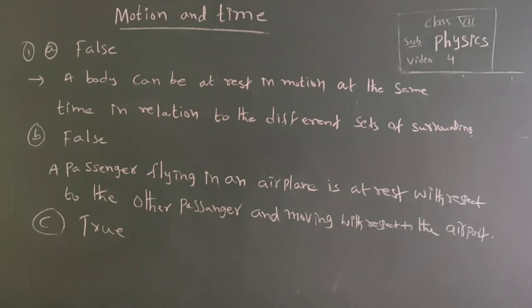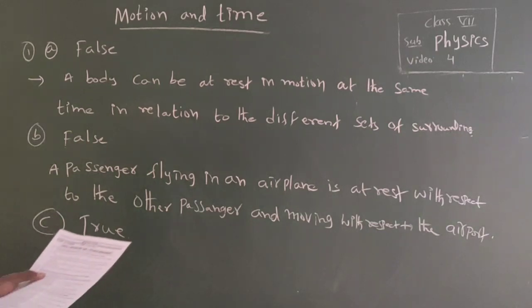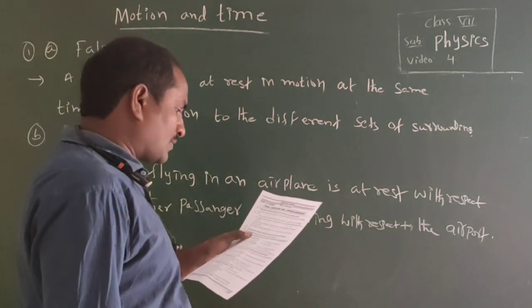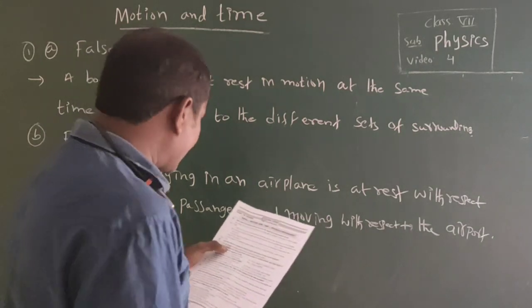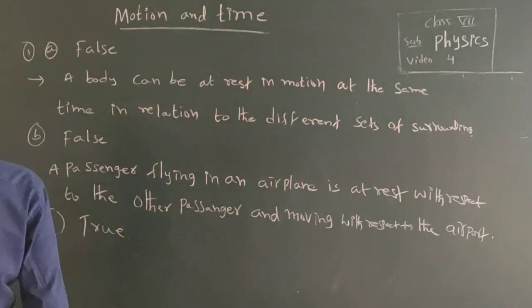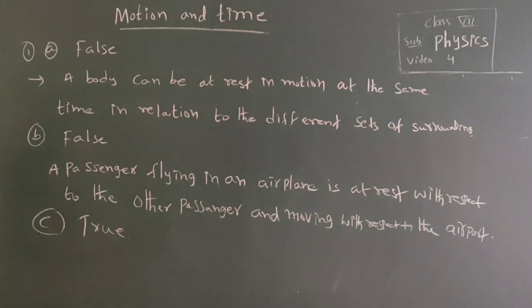Next, second one. John tied a stone to a string and whirled it around. What type of motion do you find there? It is an example of rotational motion. Here, the stone is in circular motion.